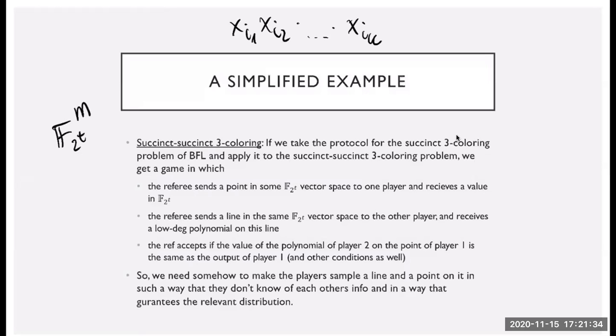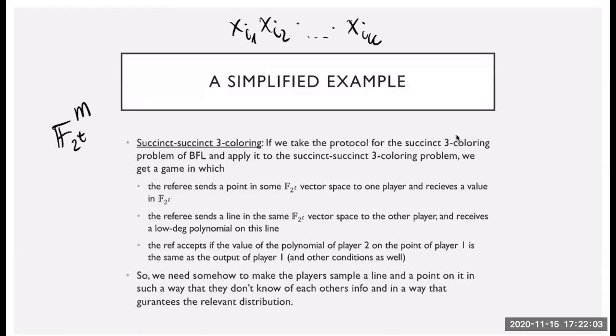And to check that on this line you get a low degree polynomial, and that this low degree polynomial gives on the point the same value as he got from the other prover, again, the verifier can check. And the nice thing is that if the two provers agree on some low degree polynomial, then of course they can answer these questions easily.